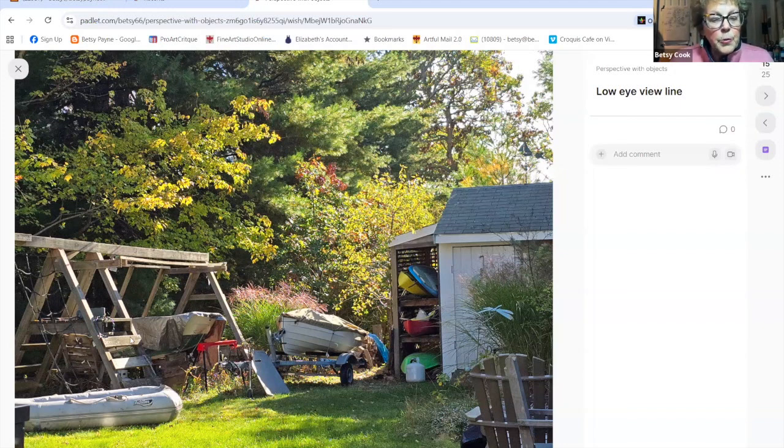These are on an angle, so I wouldn't have been able to see them, but I can see inside this. So I know if I can see inside of something, I'm standing above it. But if I can't see the top of this platform, it means that my eye view line has to be in between these two things. I can see the top of the chair arm here. I can see the seat. I'm taller than it. I'm higher. I'm looking above it.